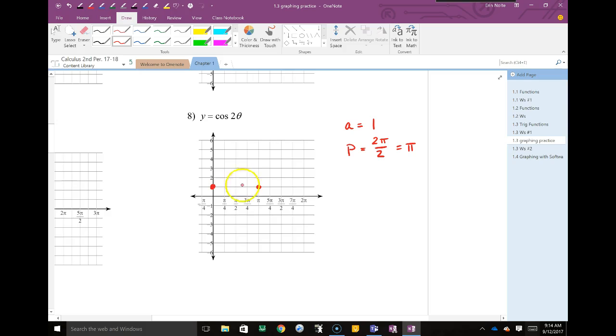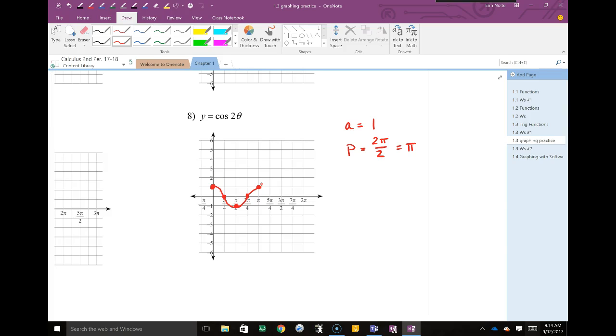At -1. Good. I hit a minimum. So at pi over 2, I have a minimum. Basically I know that I have to cross in between those, so it's going to cross exactly at pi over 4 and 3 pi over 4. And I only have left to draw that curve. Make sure that you do draw a curve and not a V. A V is a totally different function.